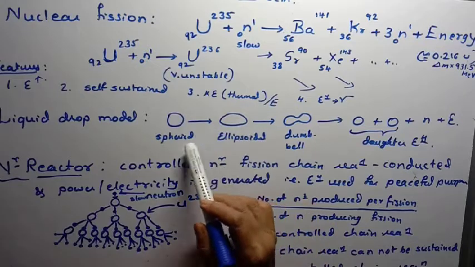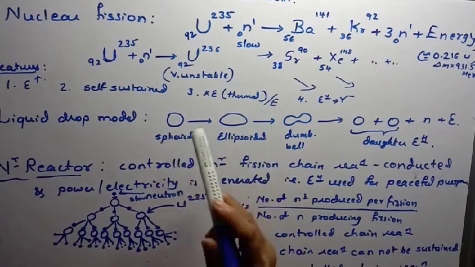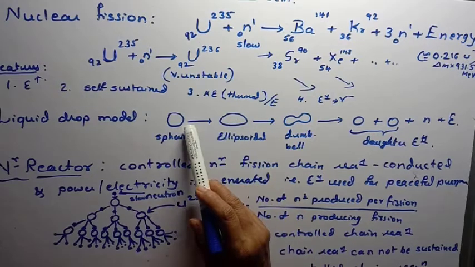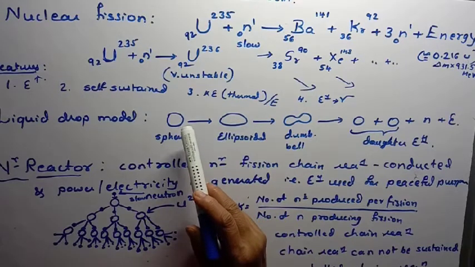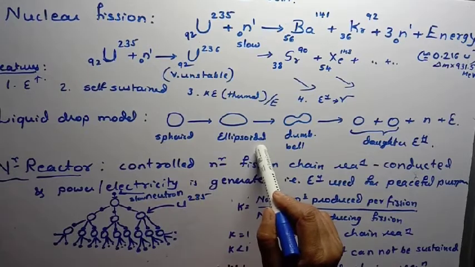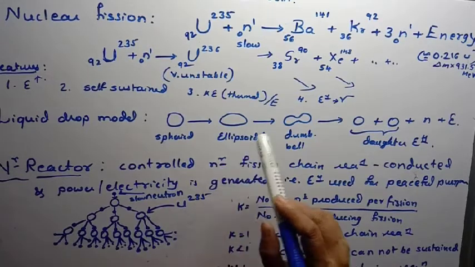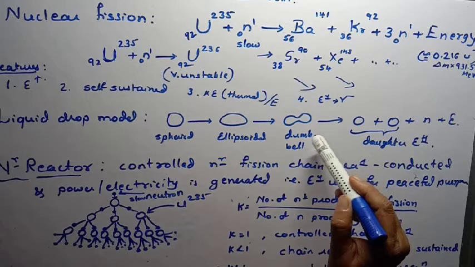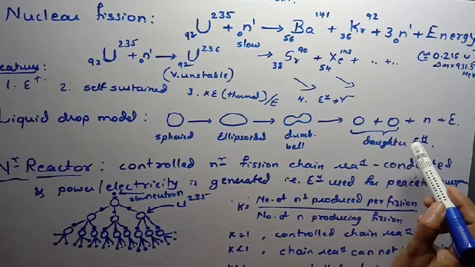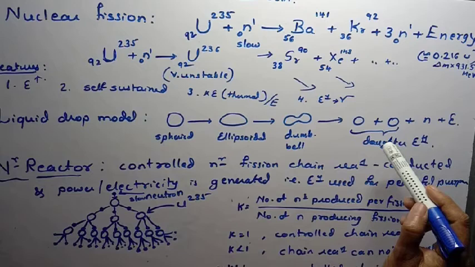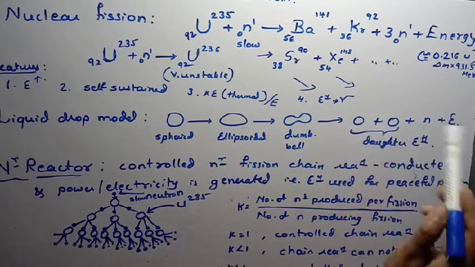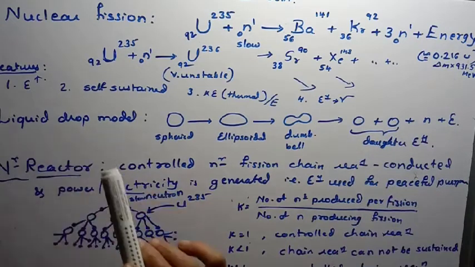When an external force or energy is applied, it becomes unstable, and the surface tension forces will be disturbed or destroyed, and it changes into elliptical or ellipsoidal form, and further it changes into dumbbell shape, and later it breaks or splits into two almost equal parts. This is with respect to a liquid drop.